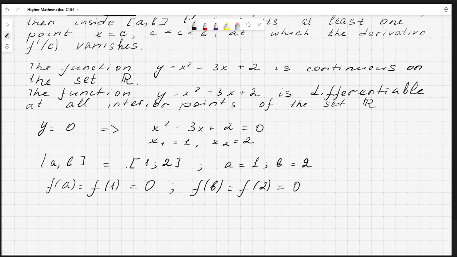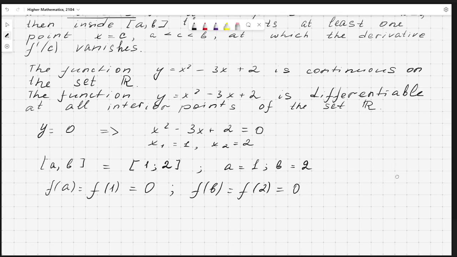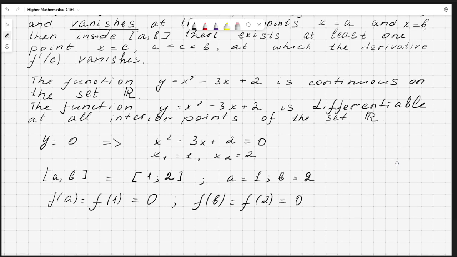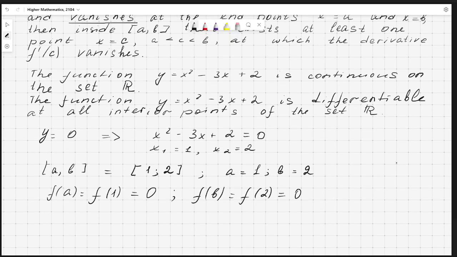Then, inside this interval, consider our theorem. There exists at least one point x is C. The point C lies between a and b, at which the derivative f prime of x vanishes. F prime of x will be equal to y prime equals x squared minus 3x plus 2 prime, or 2x minus 3 equals 0.